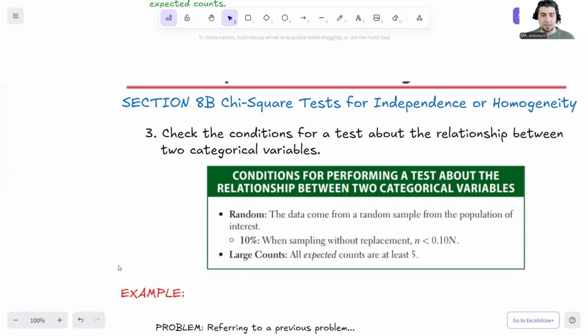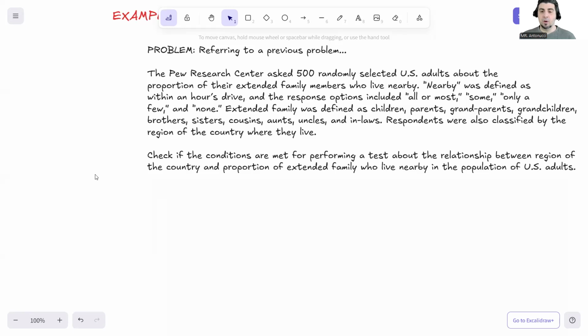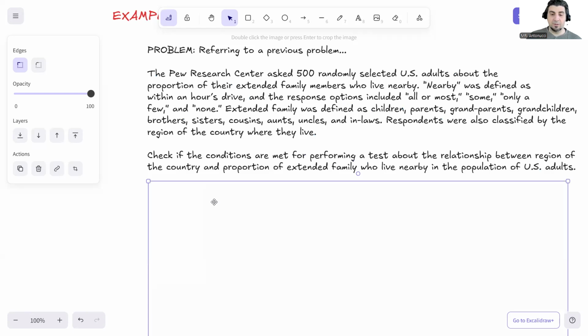So let's go ahead and jump into an example here. If we think about this problem with the 500 randomly selected US adults, about the proportion of their extended family that live nearby, I'm not going to go over all of that context again, but we want to check if the conditions are met for performing a test about the relationship between region of country and proportion of extended family.